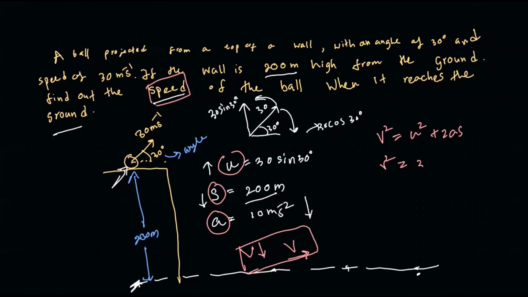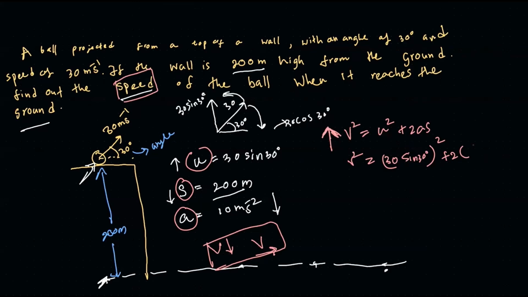U squared is 30 sin 30 squared, plus 2 into a. We are using this in this direction, and you have to mention it at the first. So 30 sin 30 is positive because we choose the upward direction as positive, and u is in that direction. And a is negative because a is in the downward direction, so this is minus 10.